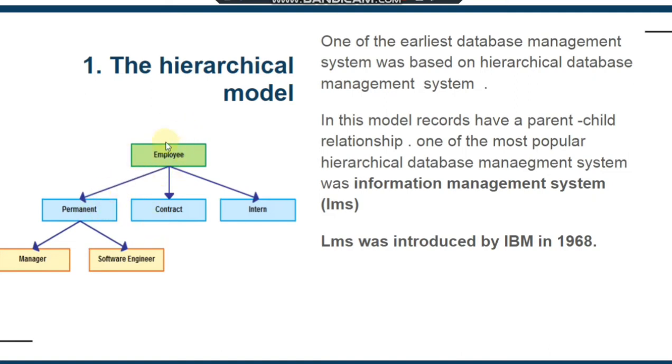An employee can be permanent, an employee can be assigned in the organization with the help of a contract, or the employee can be an intern. In permanent we have two categories: a manager and a software engineer. So we represent the set of entities present in the organization. This is the hierarchical model. The hierarchical model represents the hierarchy of people or objects present in the organization. So when we develop these kinds of systems, we use the hierarchical model.